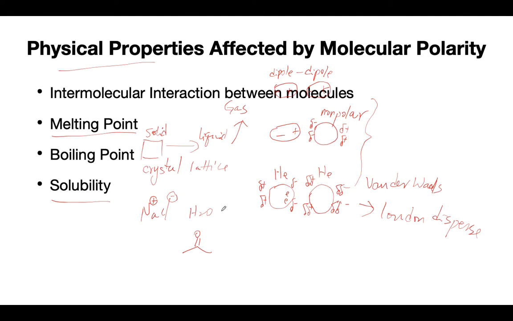Likewise, say ethanol or methanol, like this methanol, here CH3, oxygen. And we know this is a polar molecule, with non-bonding electron pairs. So the methanol can be easily mixed with water. But if you see methane, a non-polar molecule, this one cannot dissolve in water. That's why oil cannot mix with water.